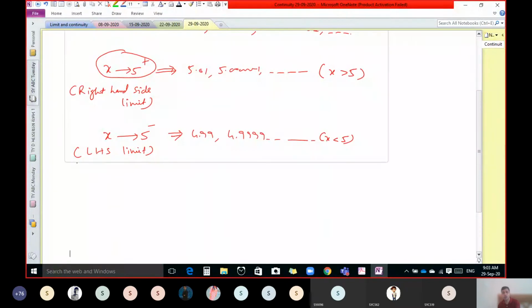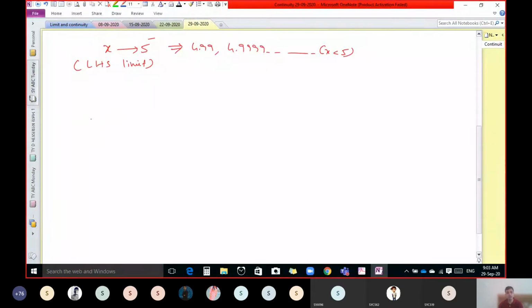So let us discuss this. What is the meaning of x tends to minus 3 minus? Now can you tell me what are the possible values of x here? Minus 3.1, correct, minus 3.01.